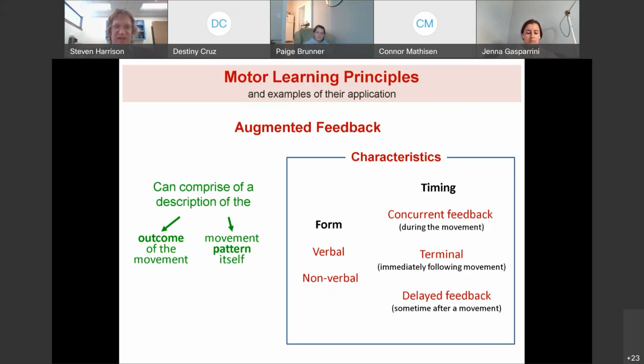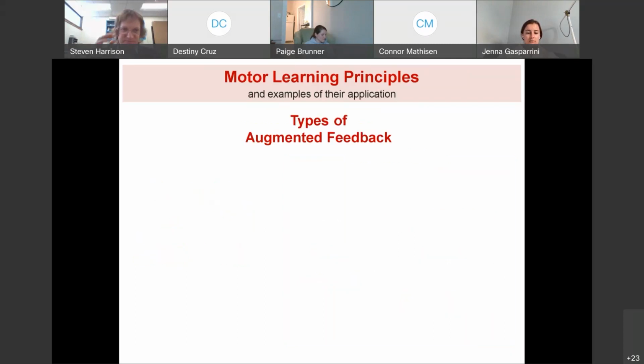We're laying out these characteristics because they map onto research investigating whether changing them has positive or negative consequences for how effective and how fast the motor learning process is going to be.